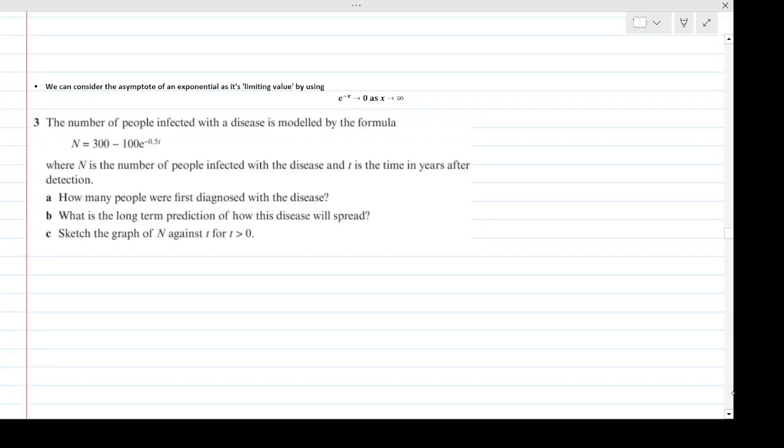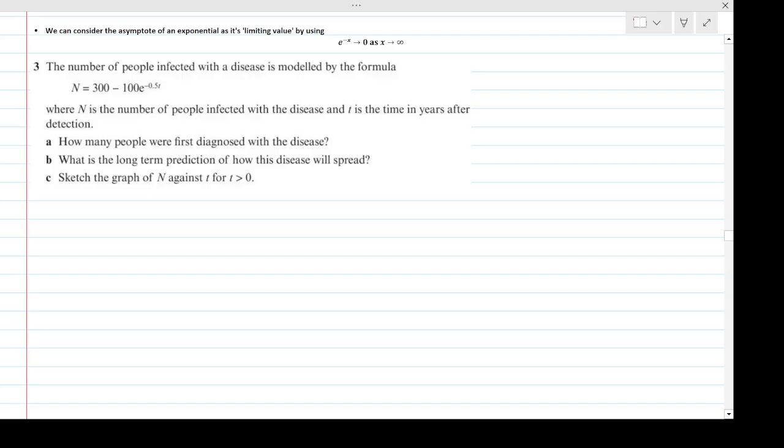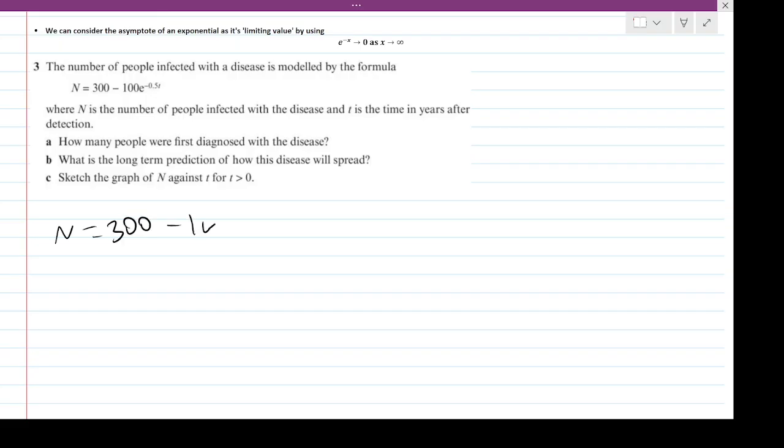Now we've got this question here. We're told that the number of people infected by a disease, N, is 300 take away 100 e to the negative 0.5t, where N is the number of people infected and t is the time in years. Part A asked, how many people were first diagnosed with the disease? First diagnosed implies initial time, which is 0.